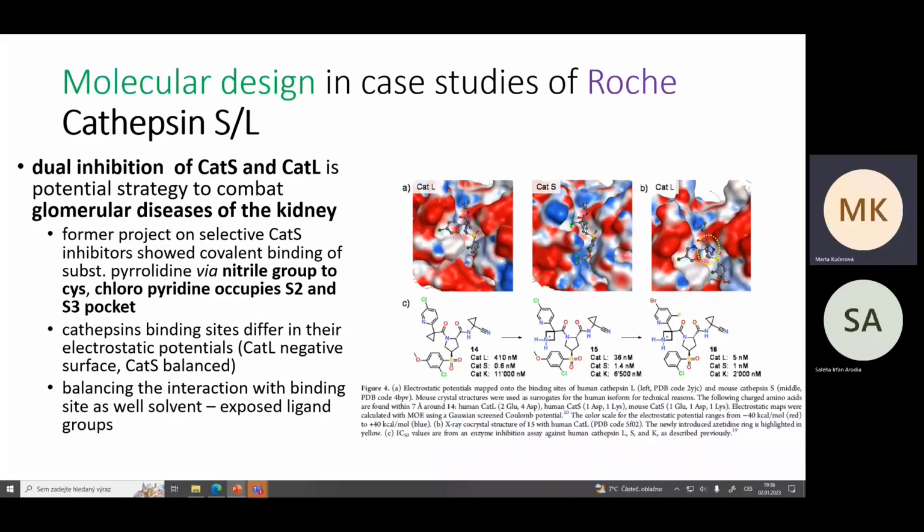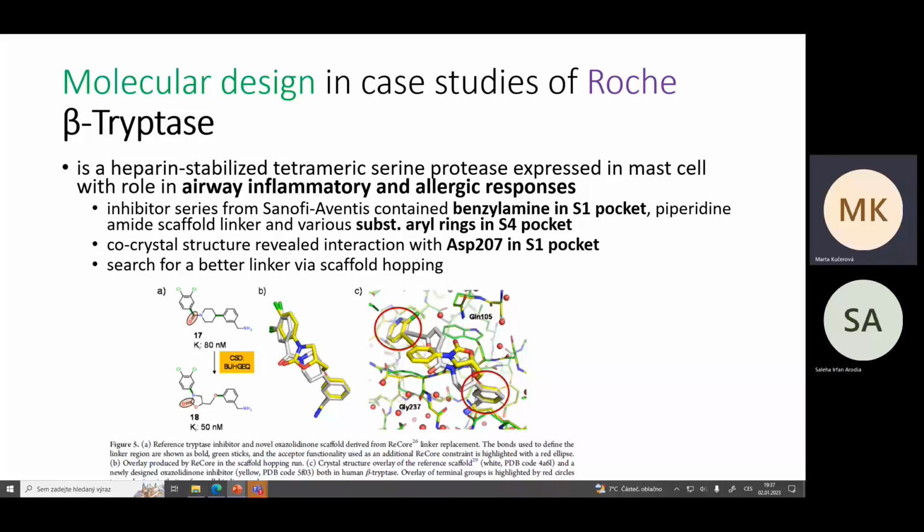The third example from Roche computational laboratory is the inhibition of cathepsin S and cathepsin L, which would be useful in the treatment of glomerular diseases of the kidney. So the structures are this time a little bit more complicated, but you can see the IC50 values and the binding modes in the active site of the particular cathepsins.